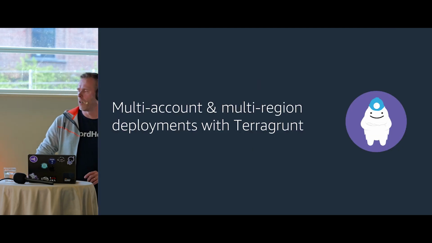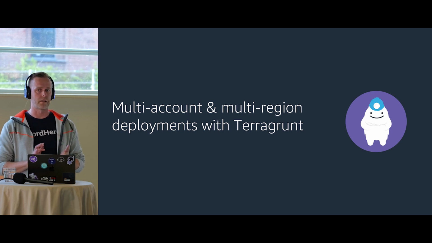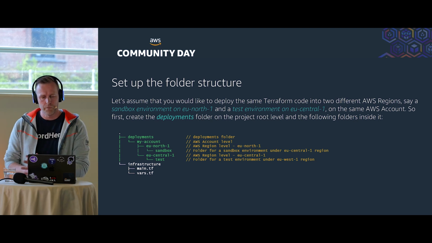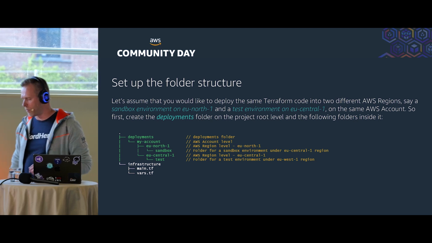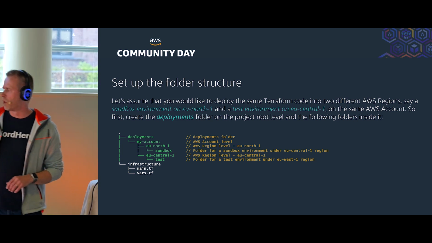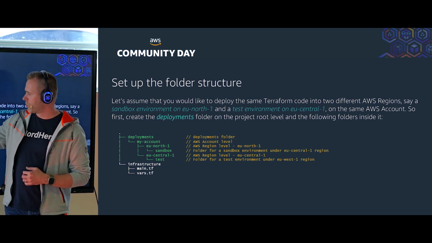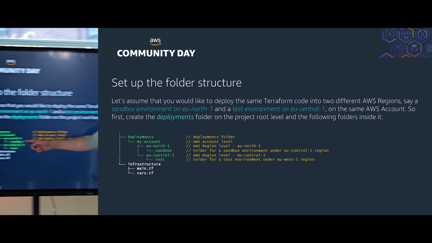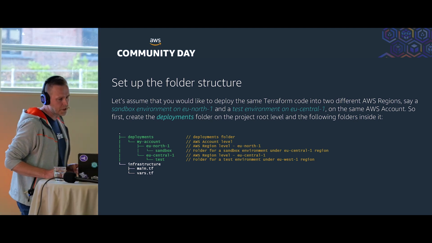All right, so how can we utilize Terragrunt in the same environment without changing my Terraform code at all? The basic with Terragrunt is that I will need a three-level folder structure. I will have my account folder, I will have 2 regions, and I will have 2 environments within those regions.